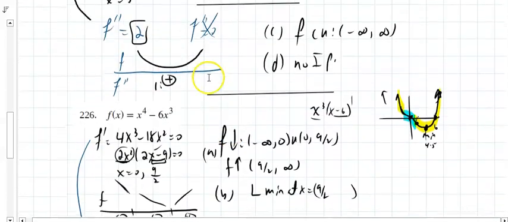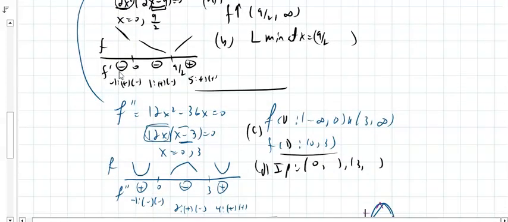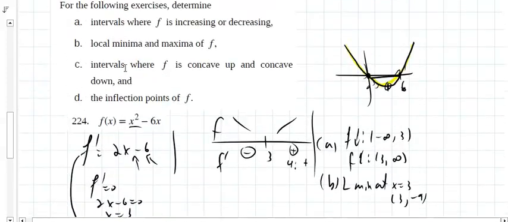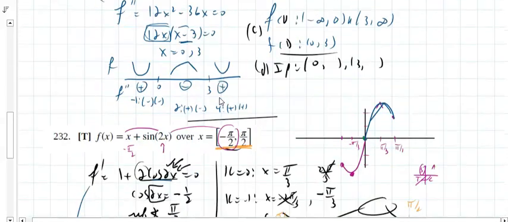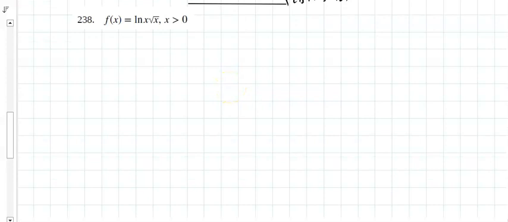Now, the part I didn't pay attention to, the directions, this is for 224 and 226. From 232 and on, they do the same thing, but they add the last portion, sketch a graph of this function. So, same deal here. We would like to figure out, well, x is always bigger than 0, which means you're going to only look to the right of the origin.